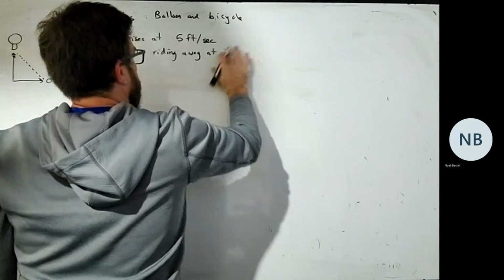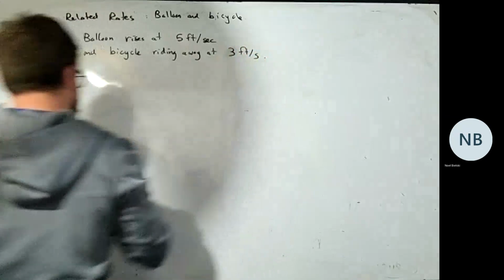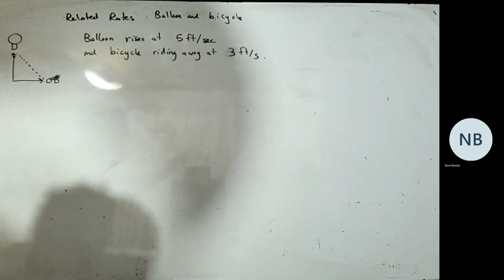I don't know if it can be that fast. Let's say 3 feet per second. Make it realistic. We can ask a couple of things about this expression, as far as this triangle is concerned.